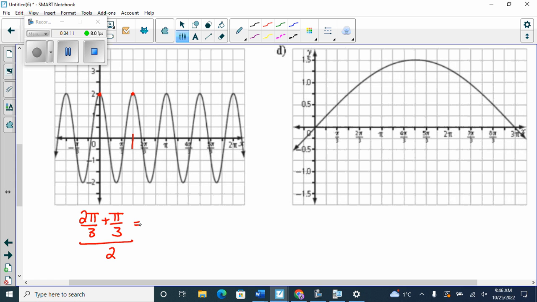So I'm going to get 2 pi plus 1 pi is 3 pi over 3 divided by 2. 3 divided by 3 cancels, so it's pi over 2. Or you could look at your unit circle and know that directly between the 2 is pi over 2, which is completely correct. But can we still use 2 pi over 3 and pi over 3 if the graph doesn't go through them?